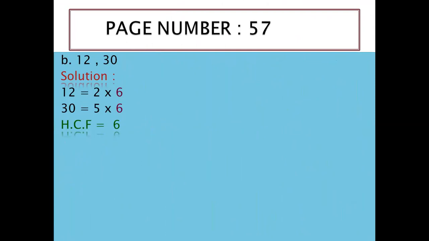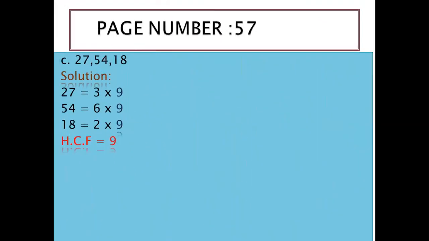In the next part, again 3 numbers are given, 27, 54 and 18. The factors of 27, 3 multiplied by 9, 54, 6 multiplied by 9, 18, 2 multiplied by 9.